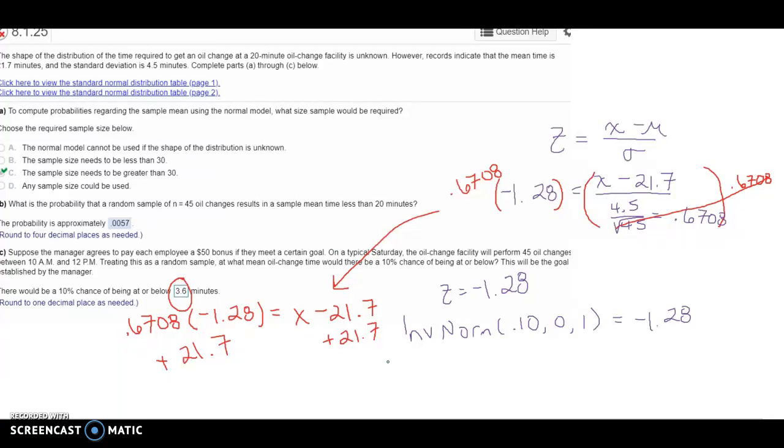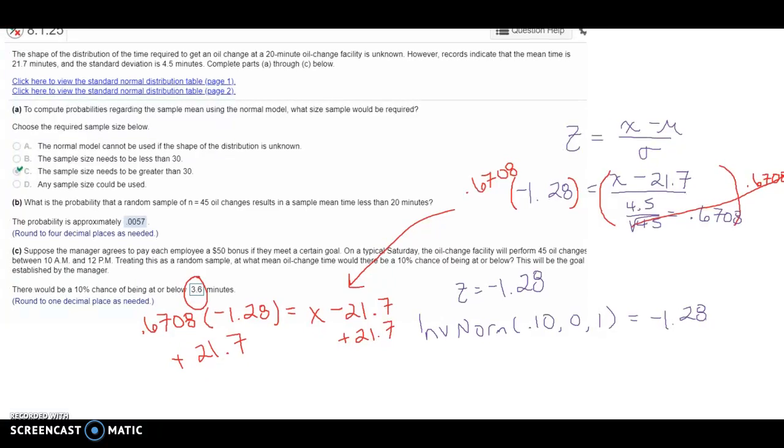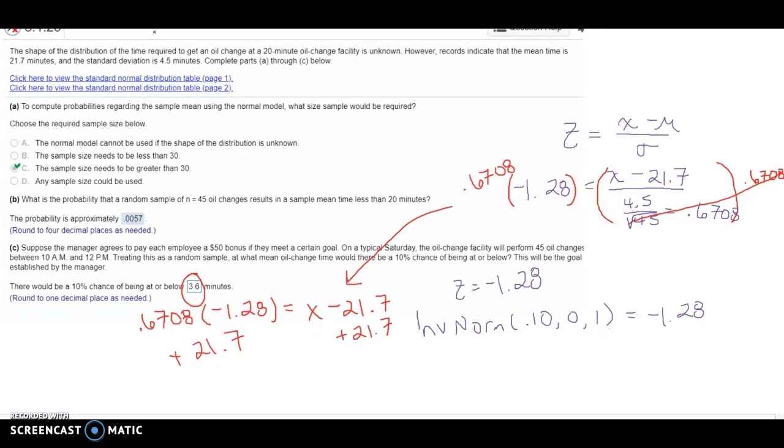Now, once again, the calculator can help you out here. And if you watch the video that I made, hopefully it's pretty clear. If you already have a mean given, 21.7, and a standard deviation given, 4.5, in the calculator you can do inverse normal again, but this time we'll do 0.10 because that's our 10% chance of being at or below.